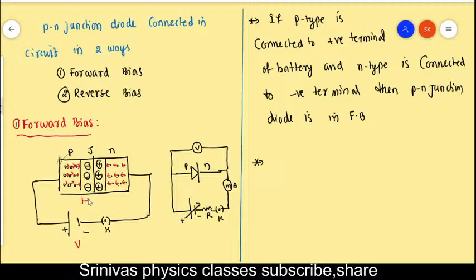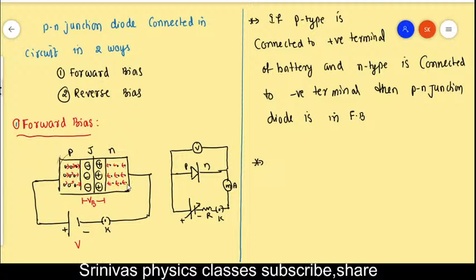This barrier potential does not allow the movement of electrons and holes across the junction. Further movement is stopped here. If you apply a potential that is more than the opposition potential, then they can cross the junction and the current starts.